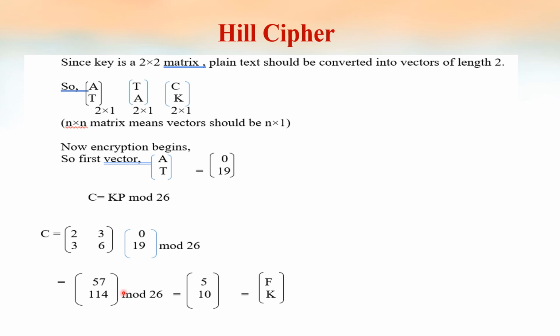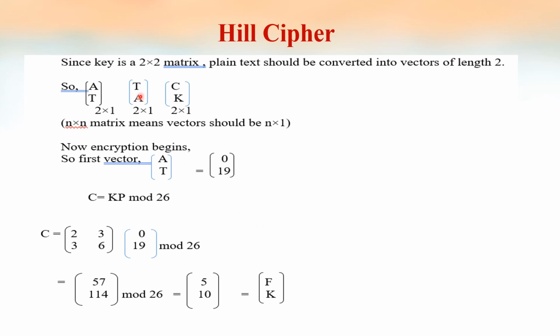After the mod operation, 57 mod 26, the remainder will be 5. 114 mod 26 is 10. Again, convert it back to letters. 5 means the letter F, and 10 means the letter K. So this AT, the plain text, is converted into the ciphertext FK.